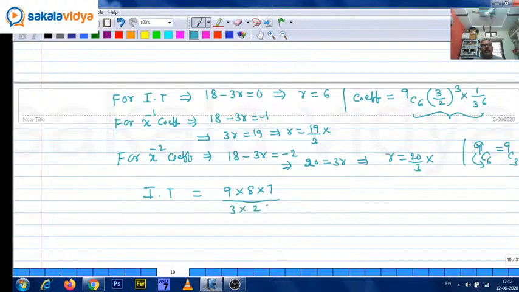So 9 into 8 into 7 upon 3 into 2 into 1, into 3 cube, 3 cube is 27, upon 2 cube is 8, into 1 by 3 power 6. 3 power 6 means 9 into 81. The 8 gets cancelled, the 3s get cancelled, and 9 cancels with 9. What answer will you be getting? 7 by 18 you will be getting.